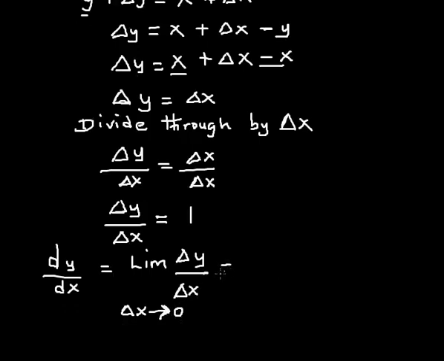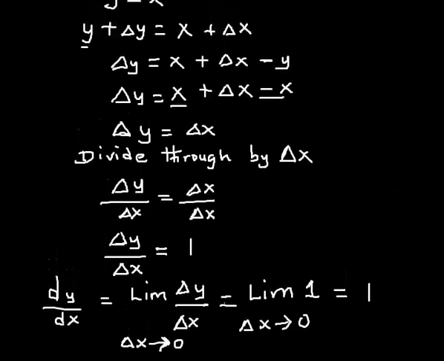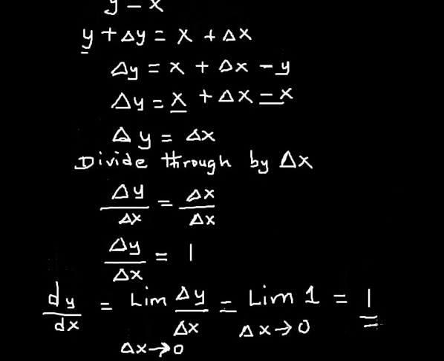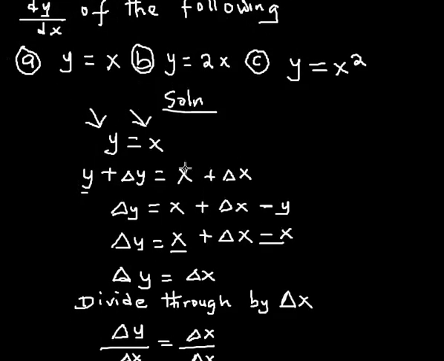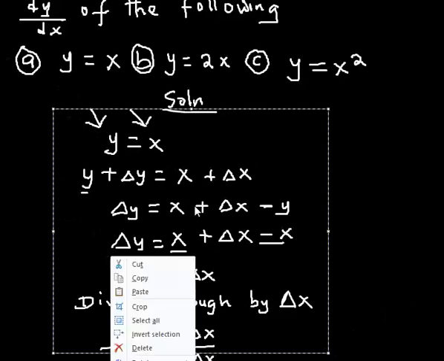Invariably that's going to be the limit of 1 as delta x approaches 0. You know very well that the limit of a constant, which we've already treated, is always that constant. So the limit of 1 is 1. So the derivative of x will always yield 1. I hope that is well understood. Now I'll still need to solve the second part of the question.